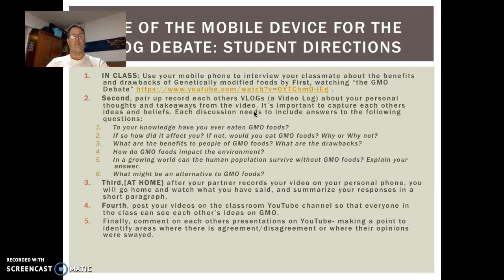And finally, they would have the chance to comment on each other's presentations on YouTube, making a point to identify areas where they had agreement and disagreement, or where their opinions perhaps were swayed. So these sort of five clear steps the students had to follow in using their mobile technology to engage with the topic of GMO foods, good or bad.